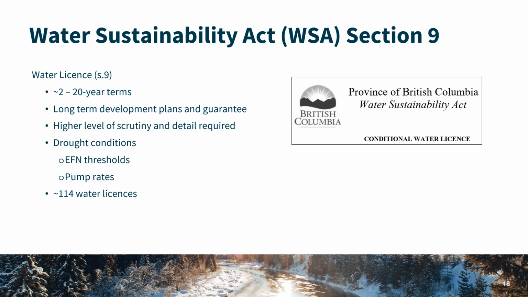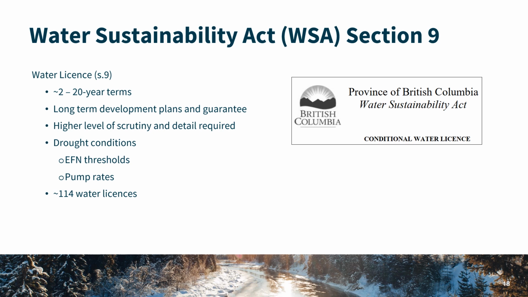As well, there is a higher level of scrutiny and detail required, and that's when you supply that additional information with your application package for us to review. We also typically establish drought conditions as well, so environmental flow needs thresholds. We have mandatory pump rates that they cannot exceed, and we make sure there is a higher level of scrutiny on these.